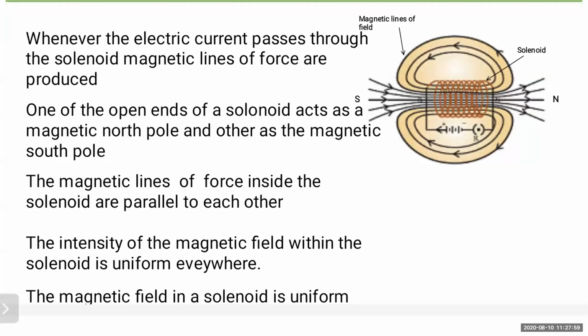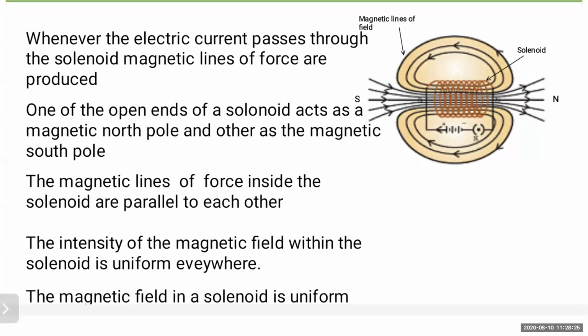The concentric circles show the magnetic lines of force becoming bigger and more rarefied as the distance from the wire increases. The magnetic field is produced around the straight current carrying conductor.